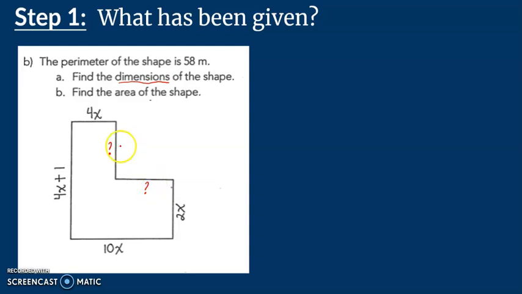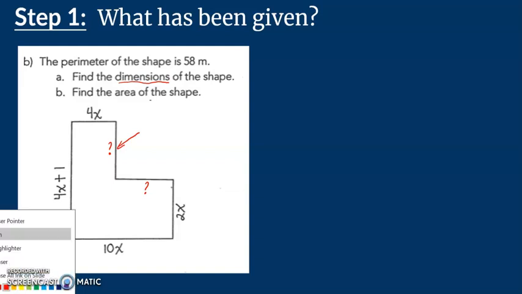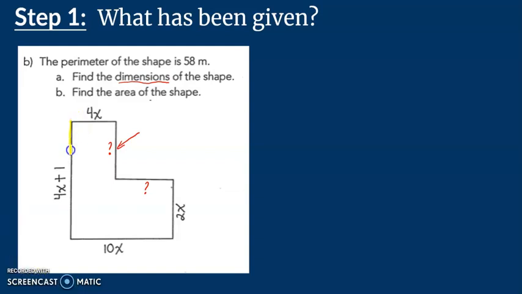And I can find out this length because I know that working through, let me get my highlighter here, working through this, the height here, 4x plus 1, has to be equal to the addition of these two heights on the right side of the diagram.